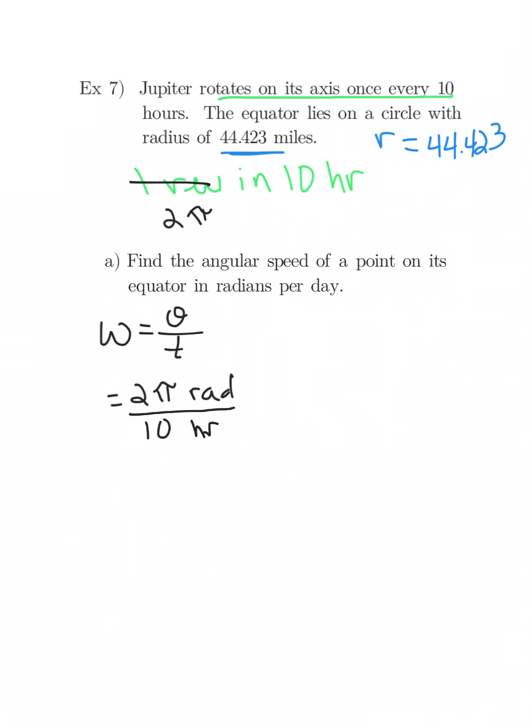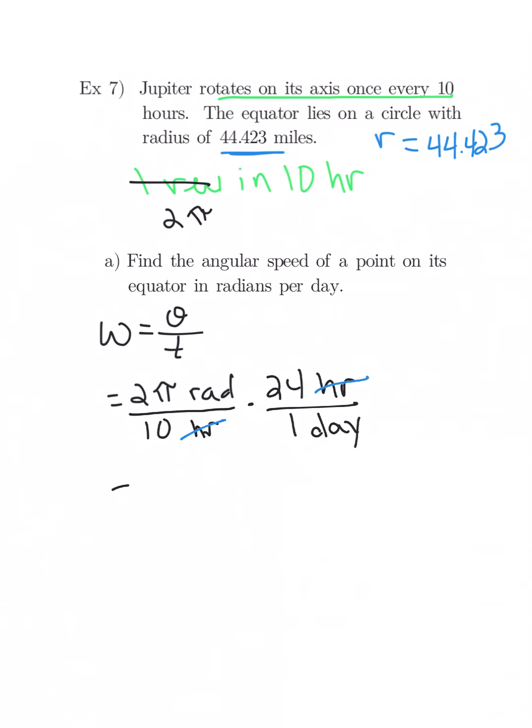Our label needs to be radians per day. So this is not a very difficult conversion. We only have one thing to do. We need to take it times how many hours in a day. We know that there are 24 hours in one day. Hours is currently in the denominator, so we need to put it in the numerator on our conversion fraction. So we're going to have 24 hours is 1 day. So now hours over hours have offset each other.